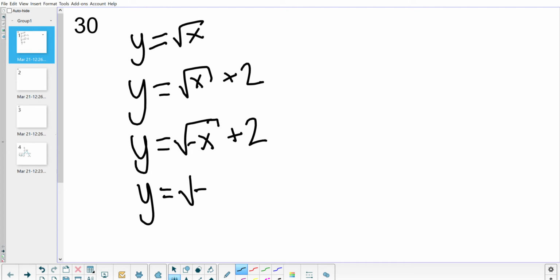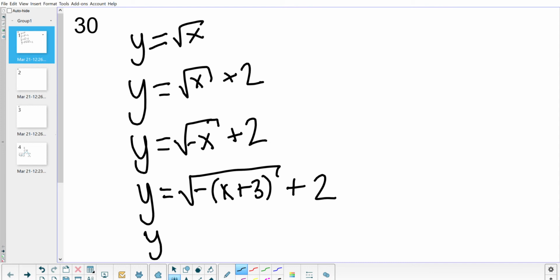So it would be negative, and then shifting to the left means x plus 3. But that x plus 3, that shift to the left, has to be in parentheses like this. So then, final answer, y equals the square root of negative (x plus 3).